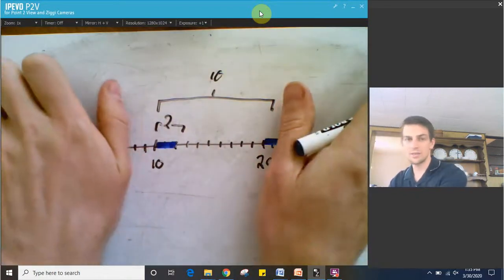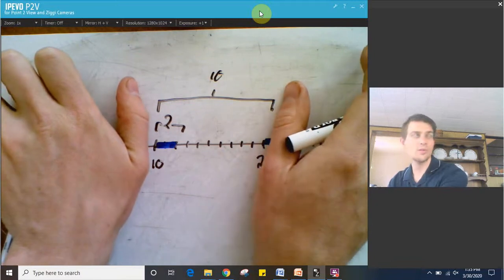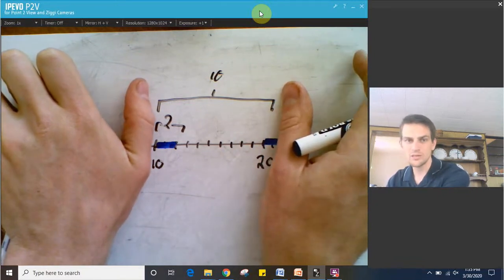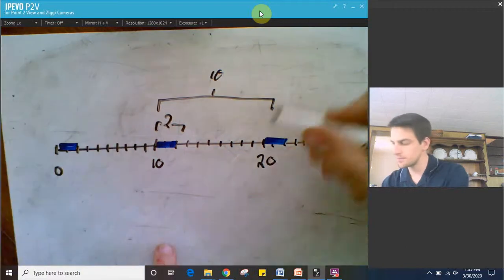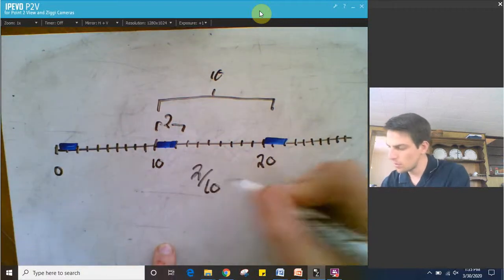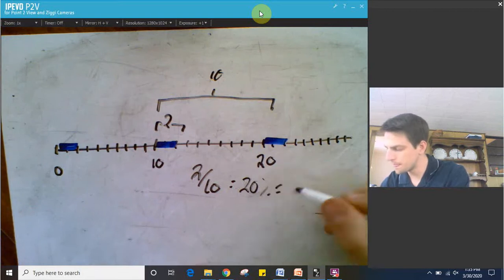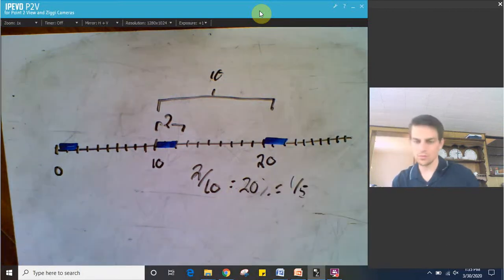So we can just think about one 10-minute segment, because you're going to come during one of these segments. The chance that it is going to be there is 2 out of 10, or 20%, or 1/5. Any of those ways would be an appropriate way to write it.